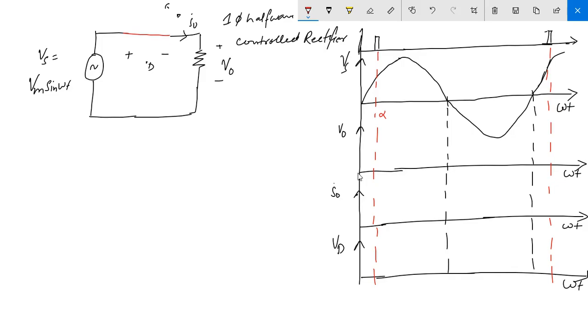So what happens is that the output voltage V naught will be equal to Vm sin omega t, right?